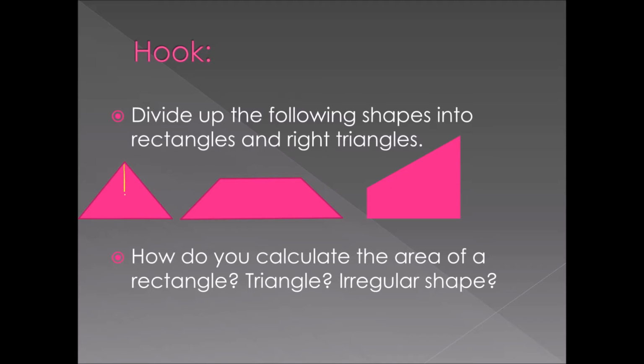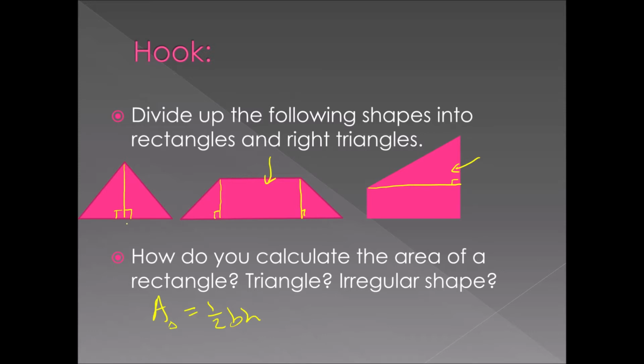You could have taken this triangle and divided it into two right triangles. This one you could divide into either a trapezoid and a right triangle, or two right triangles and a rectangle. This one, I see a right triangle and a rectangle, or you could have just used the whole trapezoid. The area of a triangle, as you know, is 1/2 base times height.